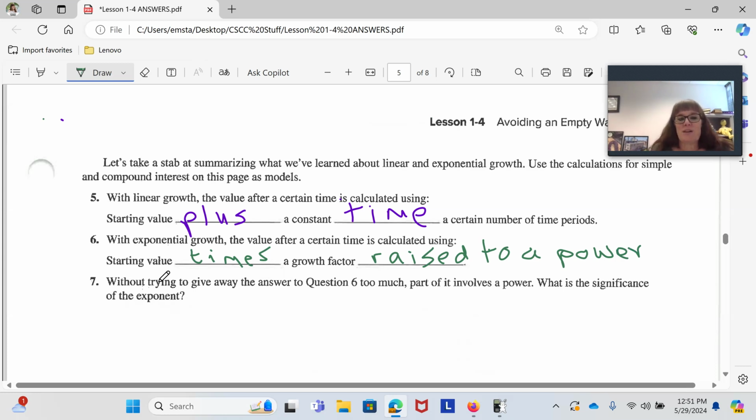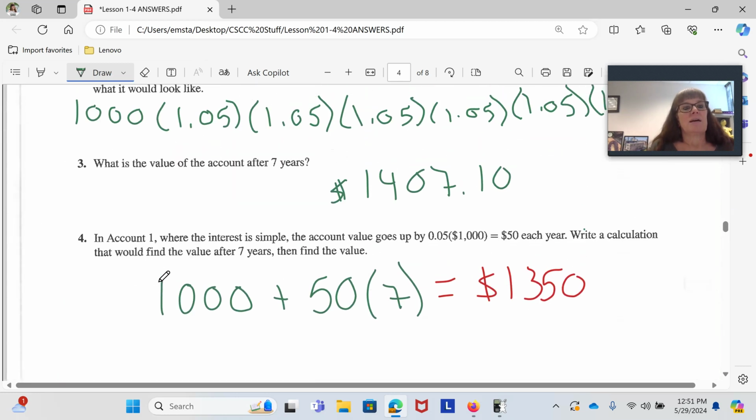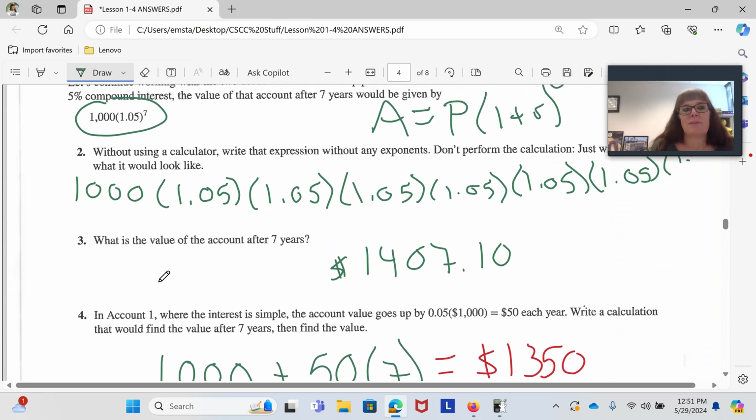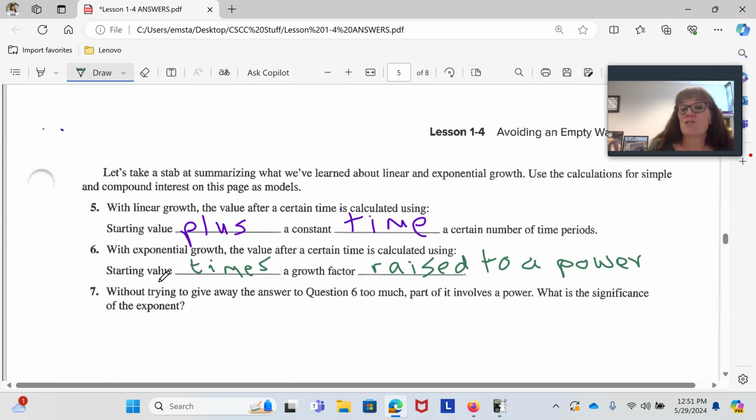Number 7 says, without trying to give away the answer to number 6 too much, part of it involves a power. What is the significance of the exponent? Let's look back at what we did in numbers 1, 2, and 3. The exponent was 7. What did that 7 mean? It meant 7 years.